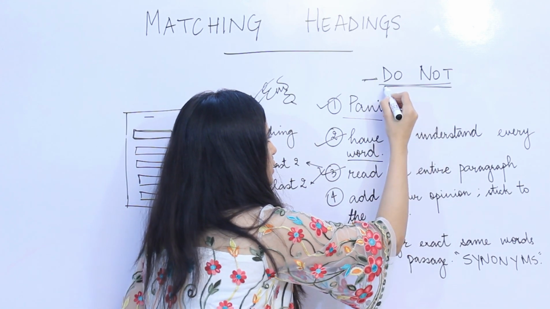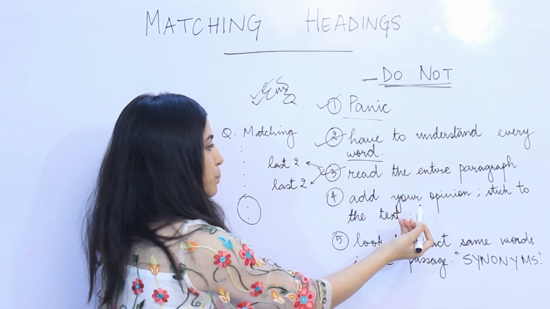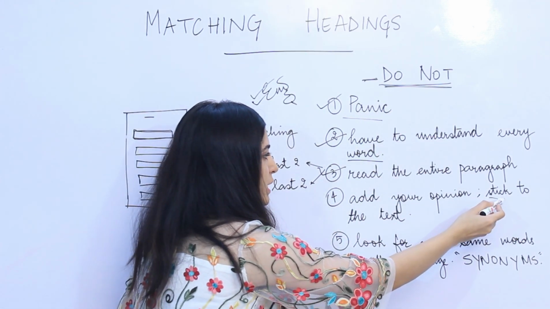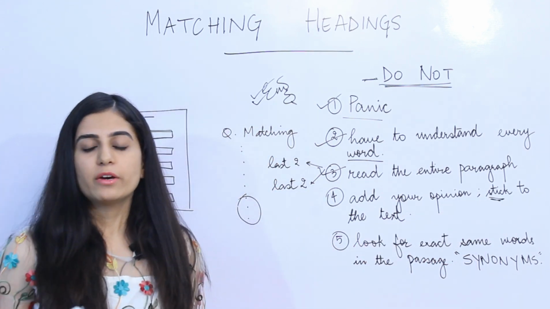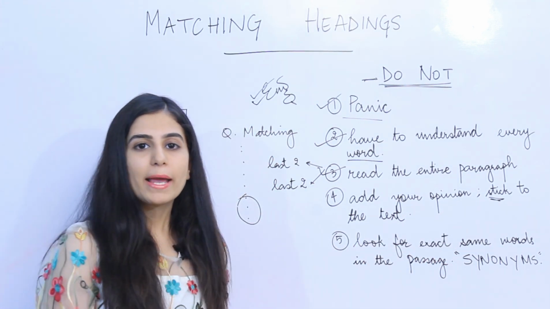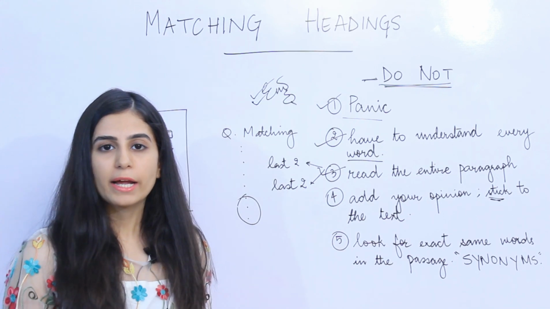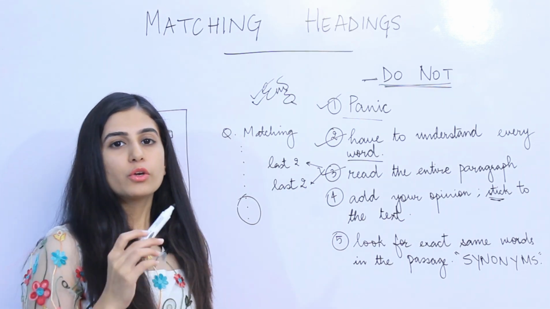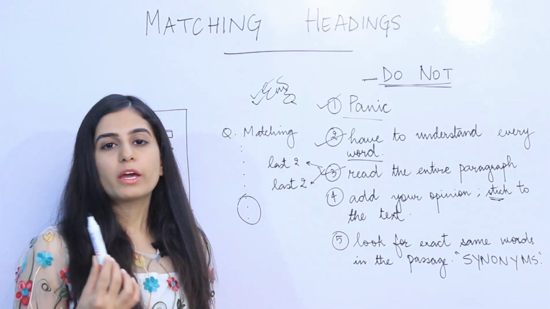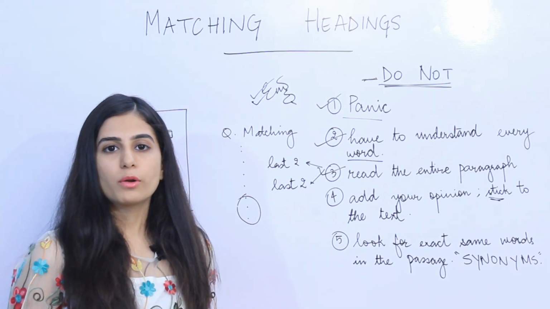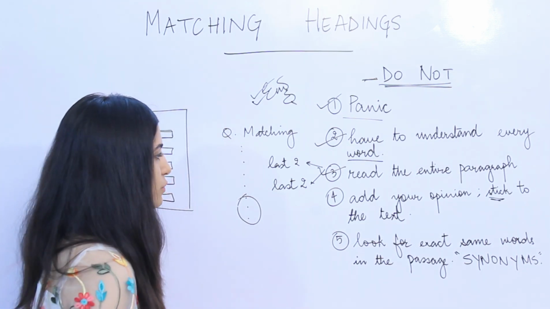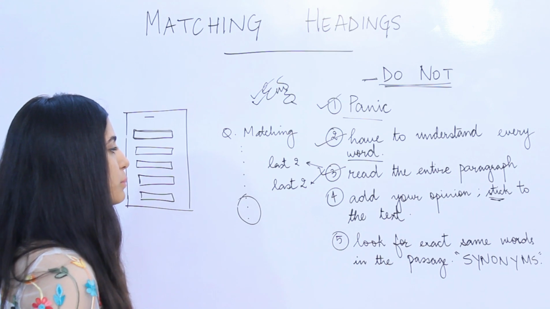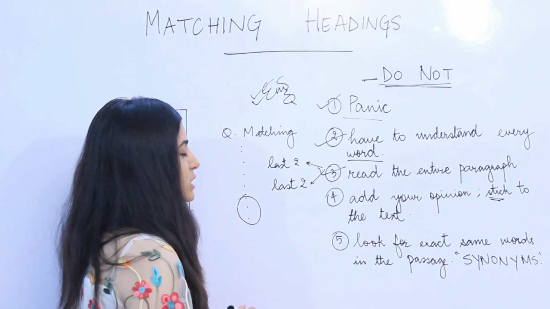Whatever the text says, you should abide by that, and you should answer the match the following, match the headings, or true, false, not given kind of questions only based on the text given to you.